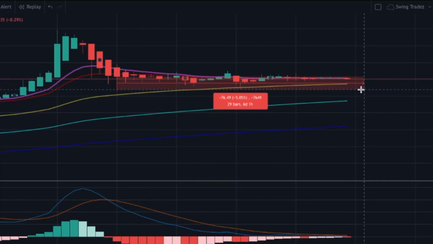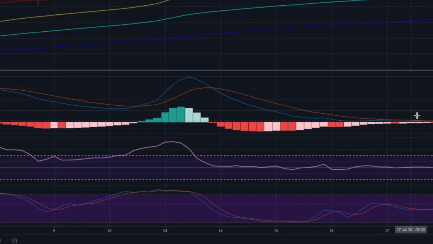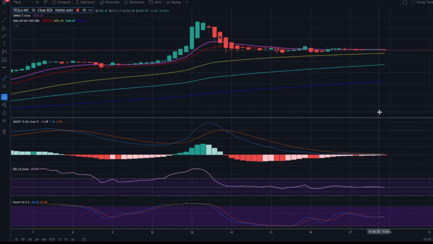It remained pretty flat, which makes using Heikin-Ashi candlesticks and other indicators pretty much useless in determining whether to buy or sell. You can see here the MACD momentum is pretty flat, the RSI is a straight line, and the stochastic price action is showing very little movement. So proceed with caution when a price action is flat.